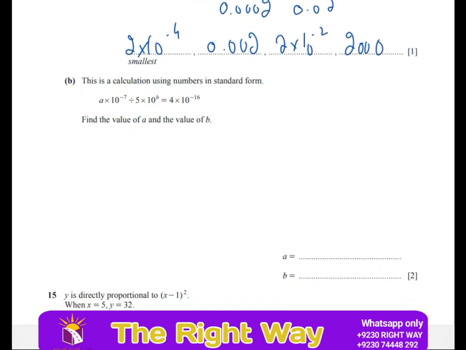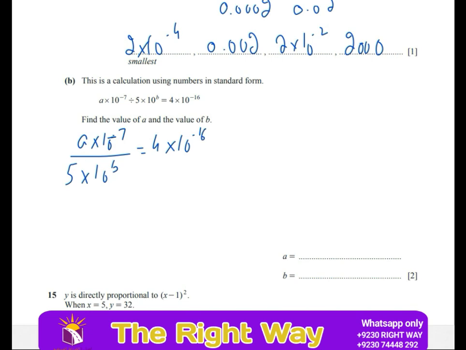Part B. This is a calculation using numbers in standard form. Find the value of A and the value of B. A into 10 raised to power minus 7, divided by 5 into 10 raised to power B, is equal to 4 into 10 raised to power minus 16.